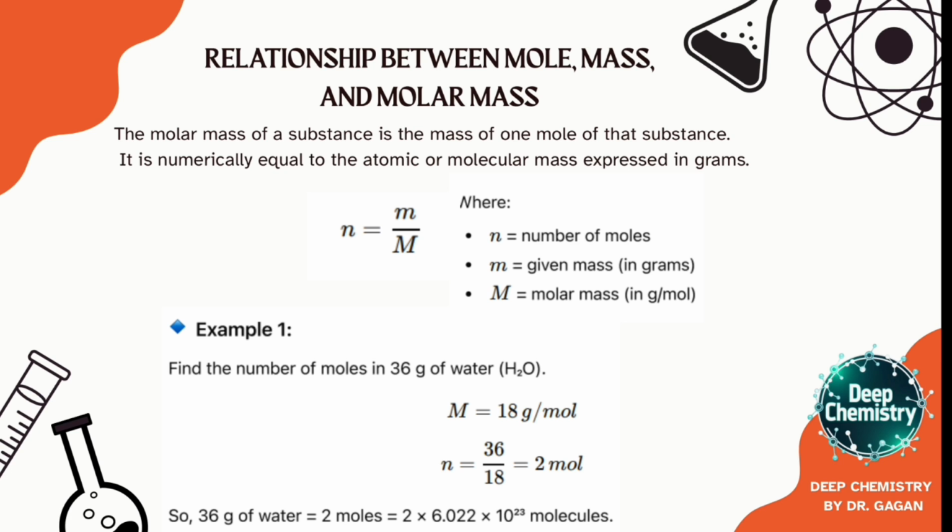For example, if we have 36 grams of water and we know that water's molar mass is 18 grams per mole, then number of moles equals 36 upon 18, that is equal to 2 moles. So, in 36 grams of water, we have 2 moles, or in other words, 2 × 6.022 × 10^23 molecules.